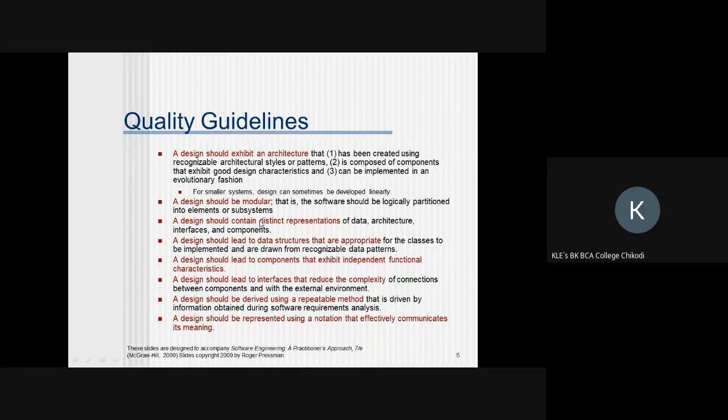A design should contain distinct representation of data, architecture, interface, and components. A design should lead to data structures that are appropriate for the classes to be implemented and are drawn from recognizable data patterns.